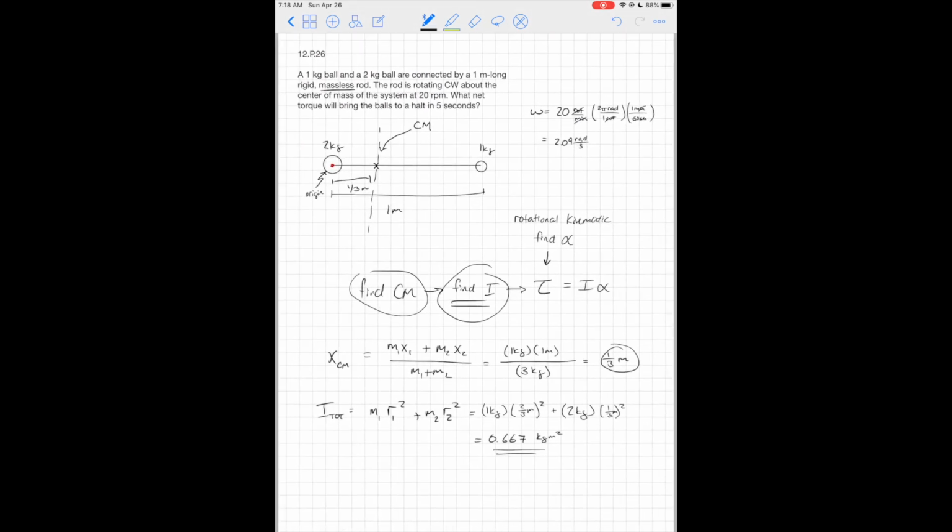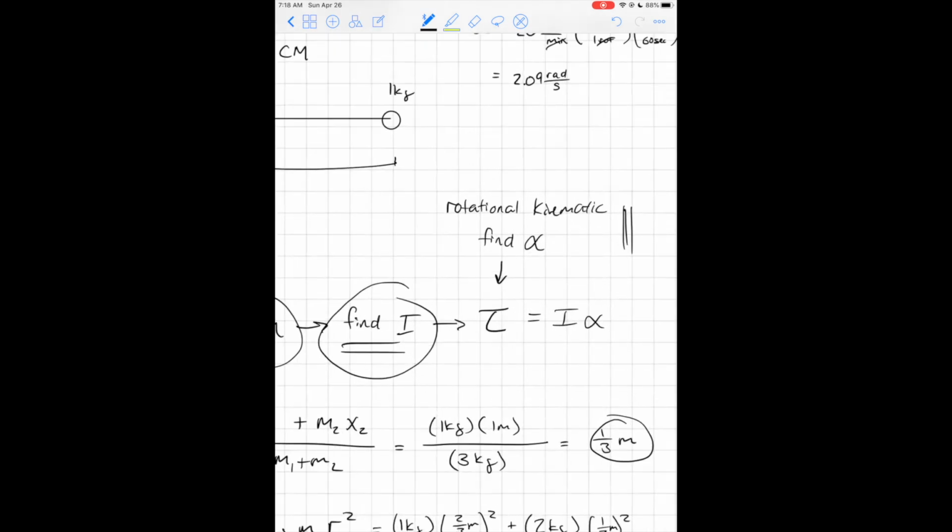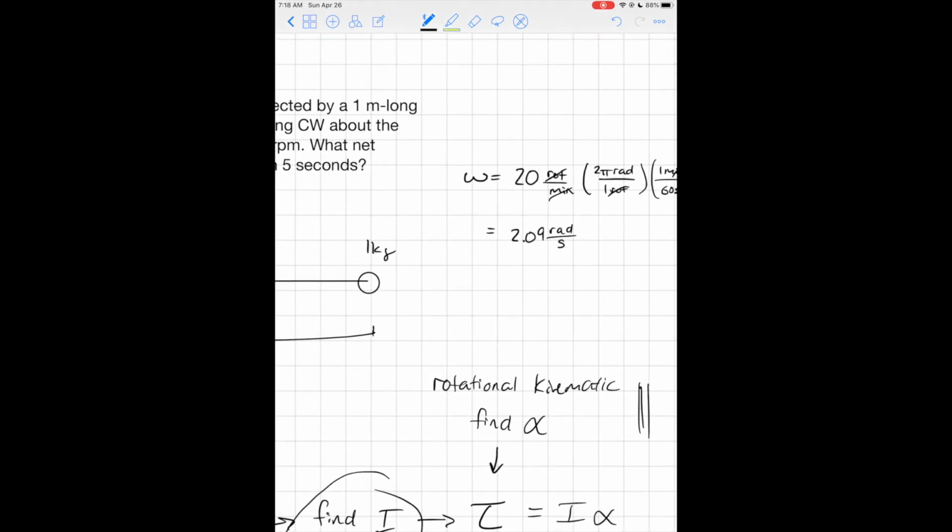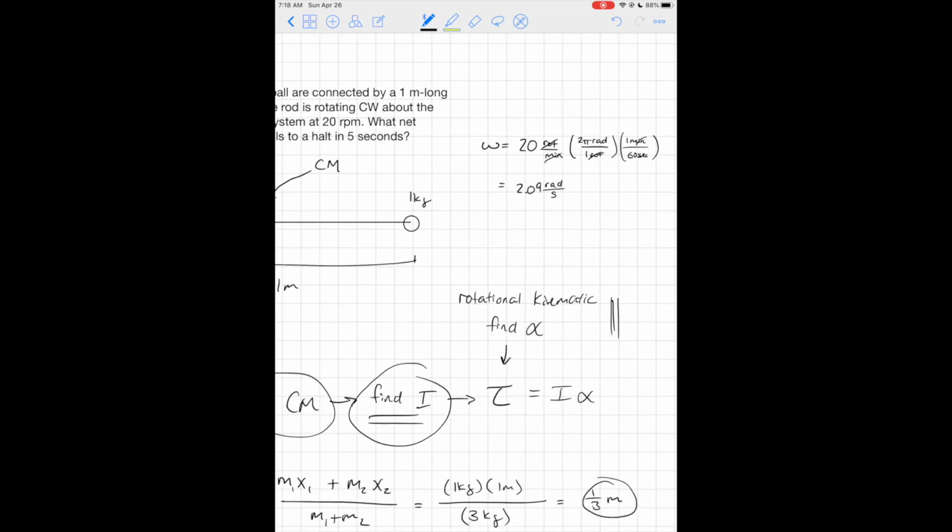I want to solve this rotational kinematic equation now to find my acceleration. So this is my initial speed. I know the time it takes to slow things down. I really do have 3 kinematic equations even in rotational space. I have omega f equals omega i plus alpha delta t.